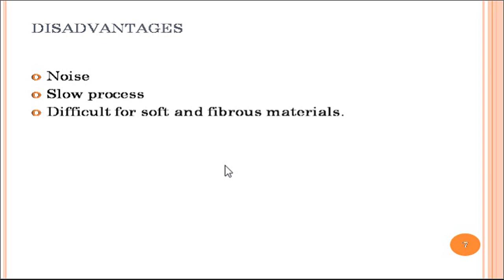Second is that it is a slow process because we have to assure the speed and the size reduction of the material. It depends upon the optimum speed and the optimization of the material we require. That is very important for convenient processing in this ball mill. That's why it is called a slow process.